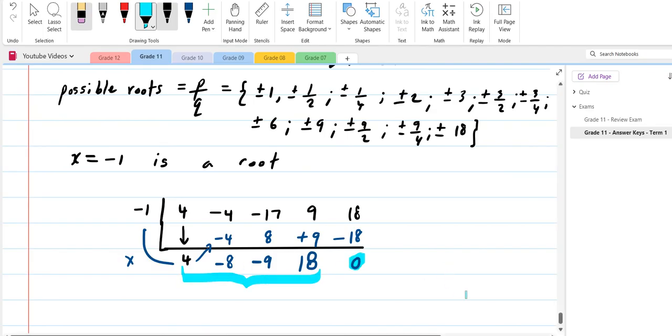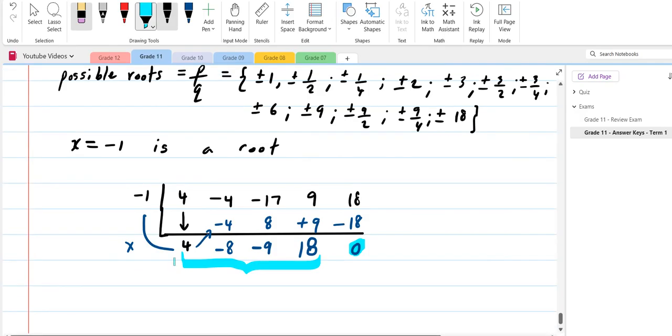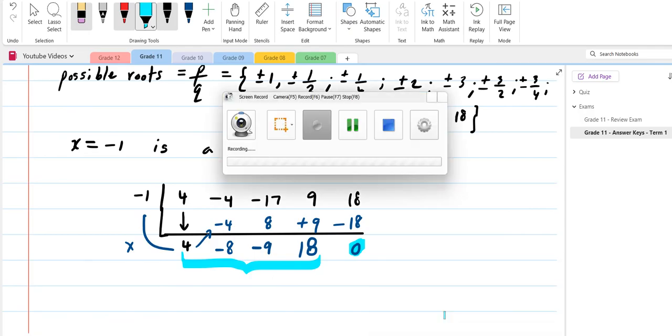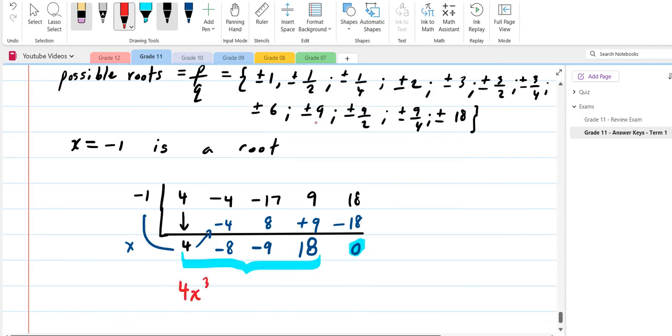So remember, I've already got one root. All I'm solving for now is the 4x cubed; I'm solving for the other roots. Right, so this is a cubic function: 4x cubed minus 8x squared minus 9x plus 18 is equal to 0. Now let's see if I can find any other roots from the calculator.